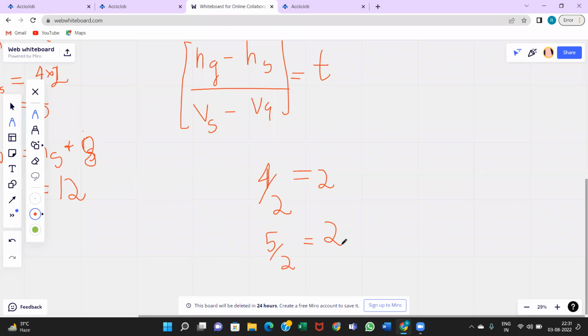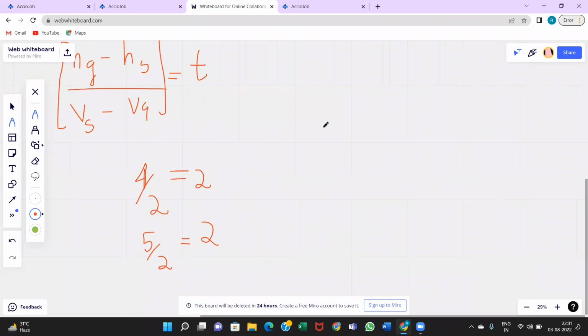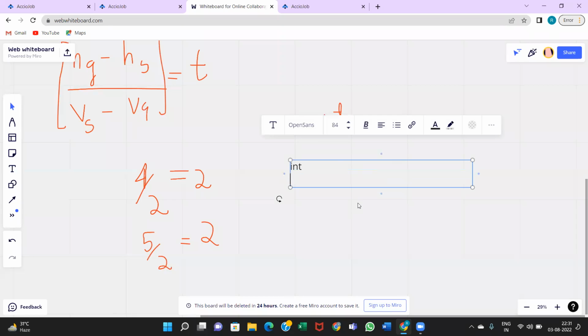For integers, in a computer we have several data types, right? You must have studied about int, long int, character, strings, long, float, double.